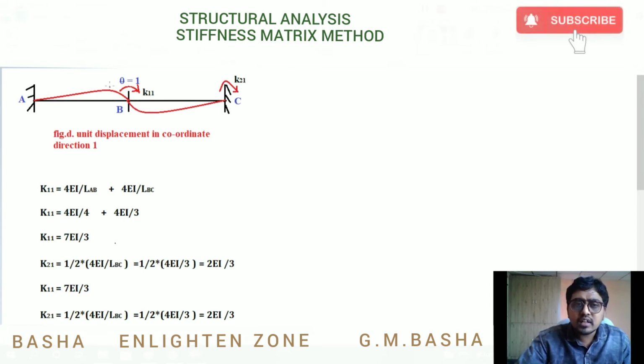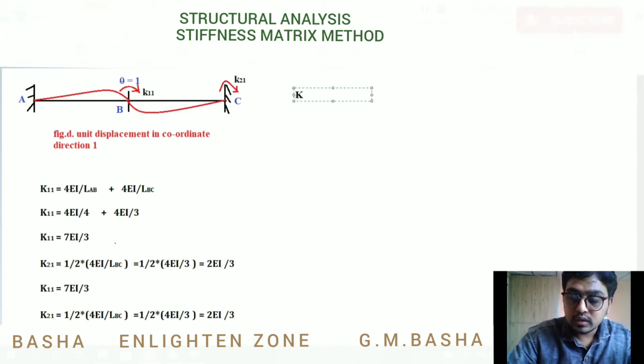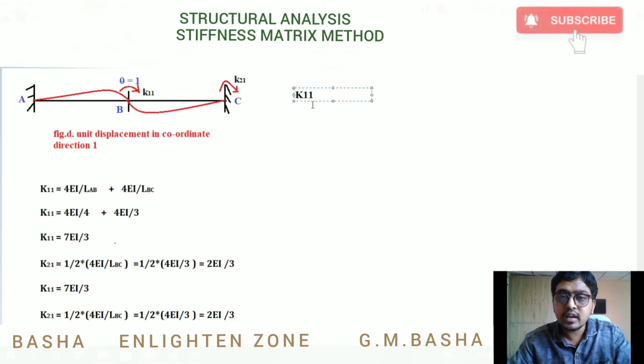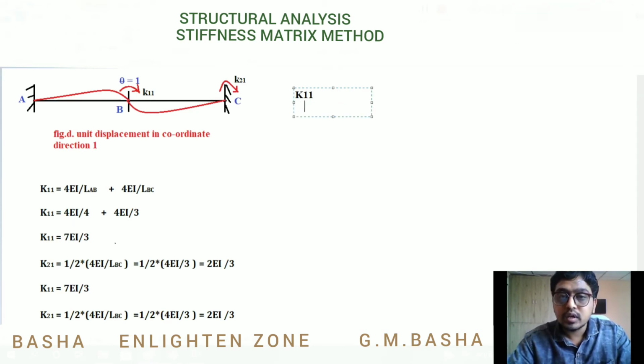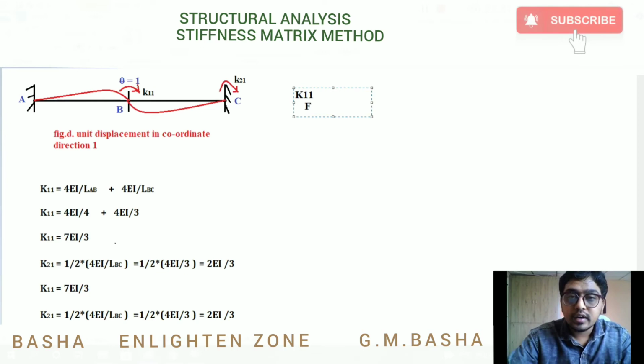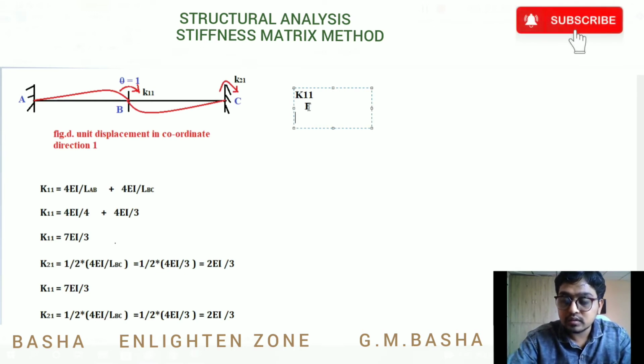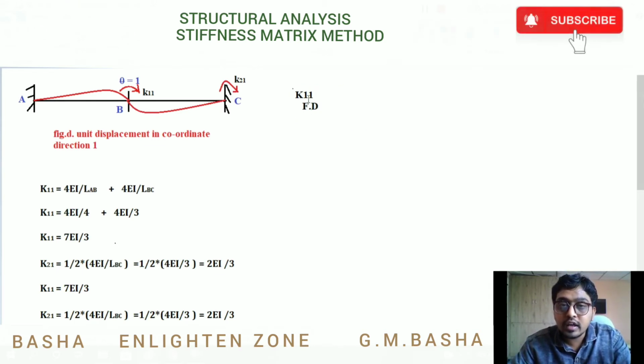Therefore, whatever the moment applied here, you consider half of the moment for the other end. And I told you K11, K22, all these things. What is K11? See here, in this K11, you consider that K as F and D. This one for the force and this one for the displacement.